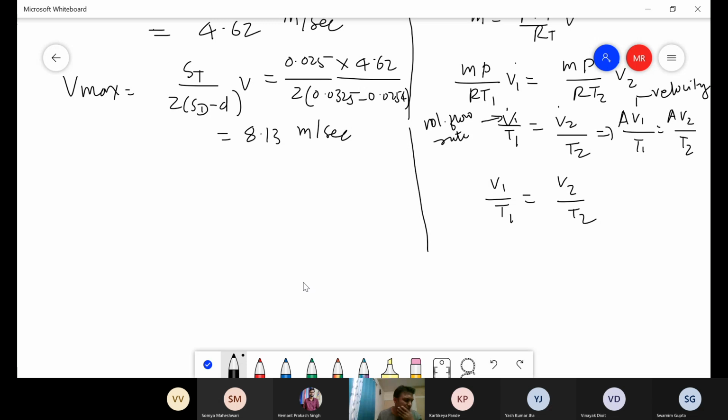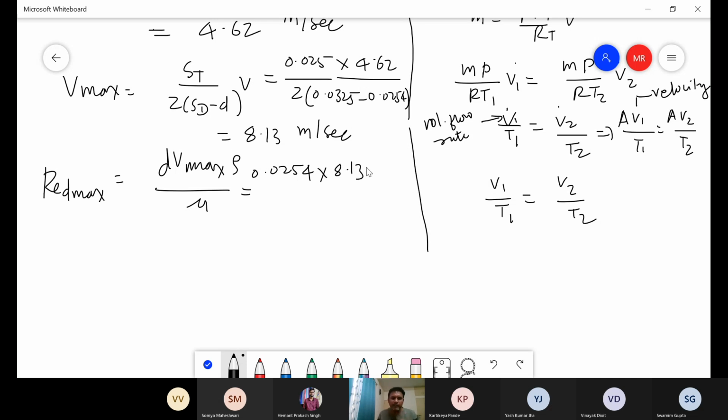So now once we know the Vmax, then we can calculate the new Reynolds number. Re D max in this case is going to be rho D Vmax by mu. So we can put the new values here. 0.0254 is the diameter, 8.13 is going to be the velocity.